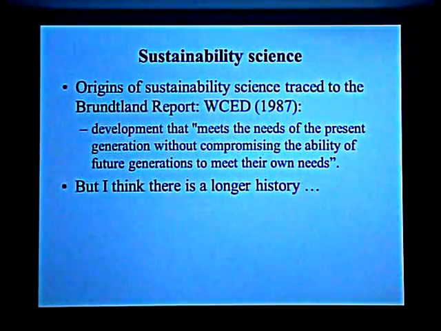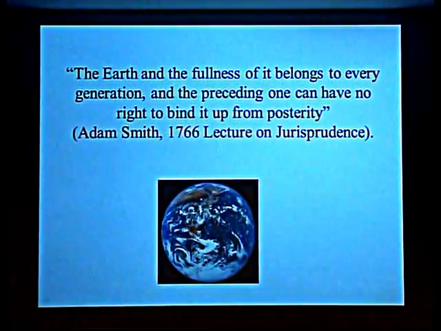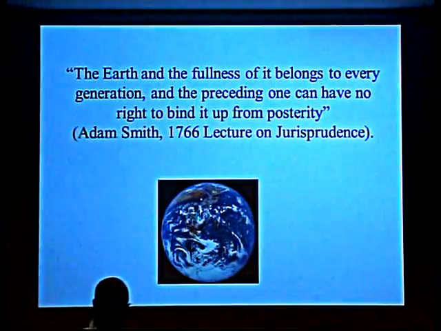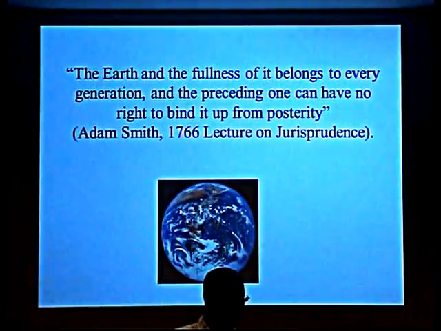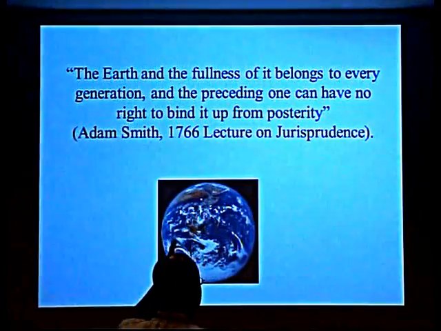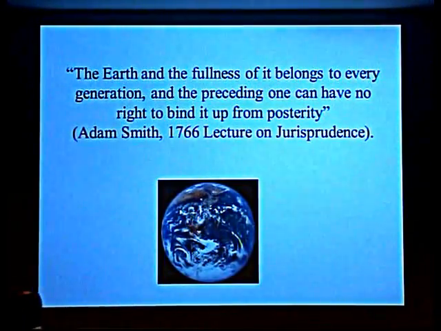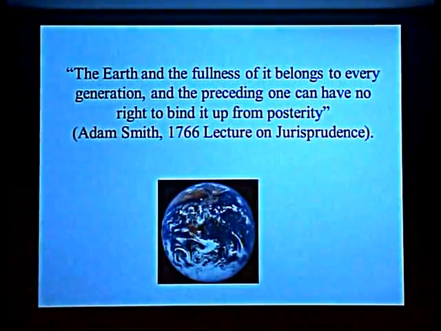I found something, through random reading, from Adam Smith himself, and I thought this is interesting. He was talking about land at the time, and I think it applies to the environment in general, or I want it to apply to the environment in general. And this is what Adam Smith himself said in the lecture he gave in 1766.